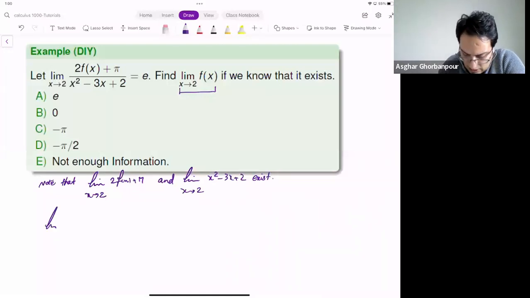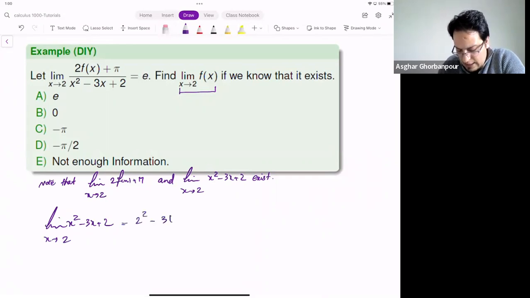As we always do when we have a rational function or a quotient, we find the limit of the denominator, and it is 0. Now, since the limit of the denominator is 0, we cannot use the quotient law.